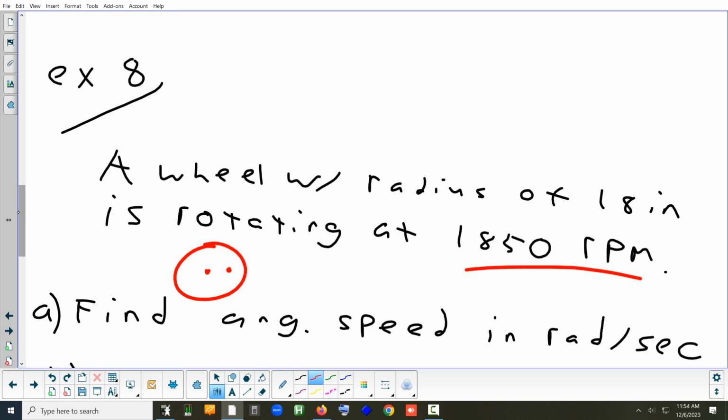The radius. Now, we have to be careful because the radius is in what unit right now? Inches. How many feet is that? Yeah, that's 1.5 feet. So you divide that by 12.